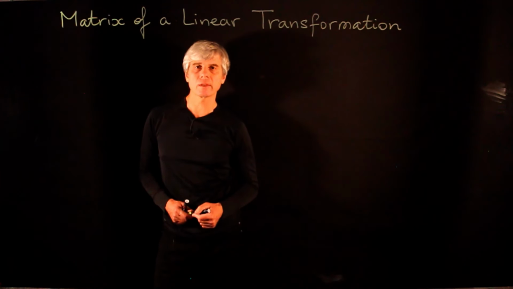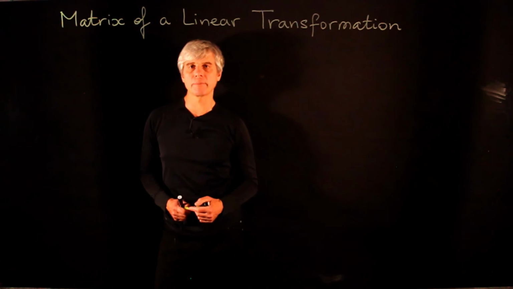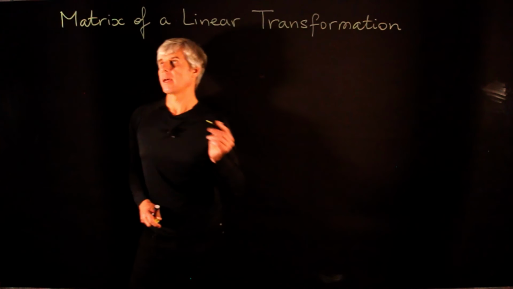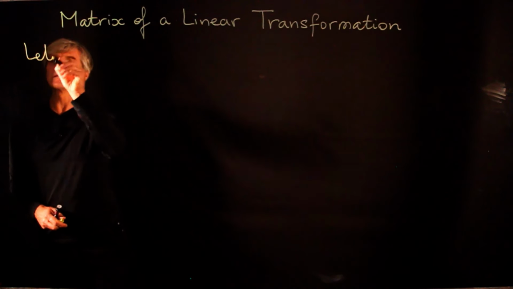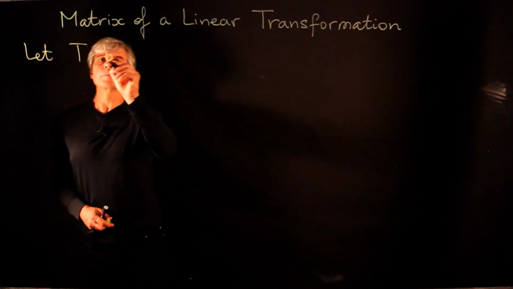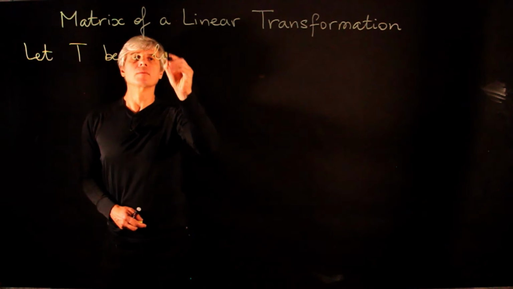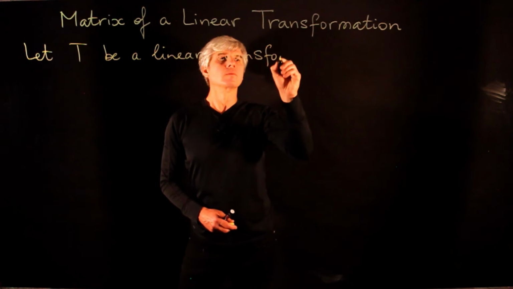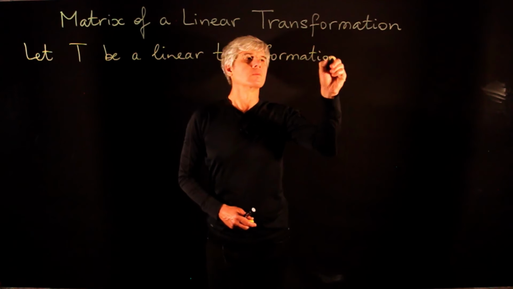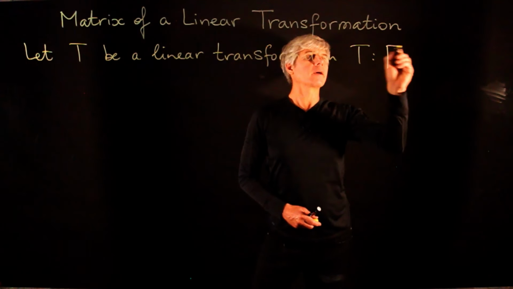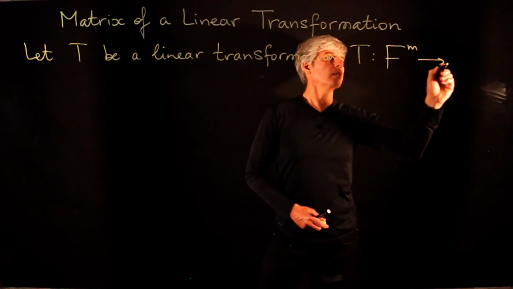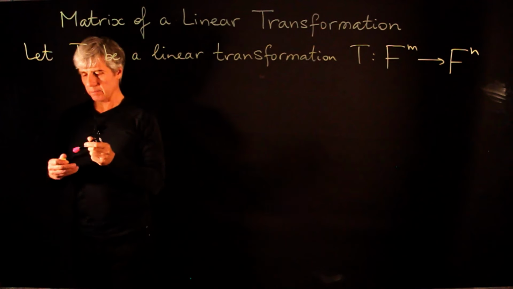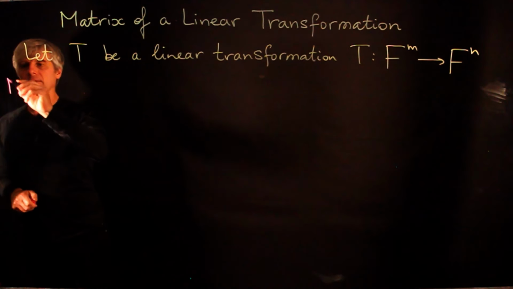A convenient way of storing images of basis vectors under a linear transformation is to use matrices. And so let T be a linear transformation from Fm into Fn. So let us write down the following mantra.